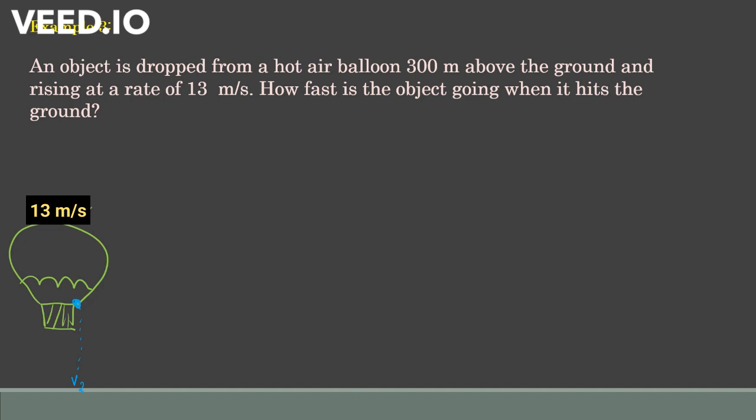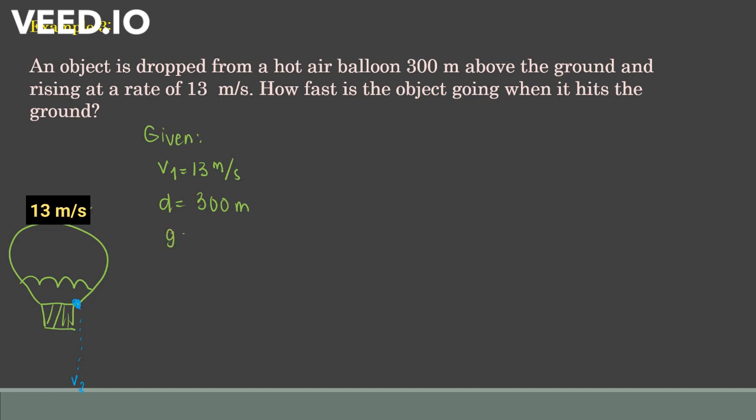Let's write all our givens. Our initial velocity is the same as the initial velocity of the balloon, 13 meters per second. We are given a distance or height of 300 meters.